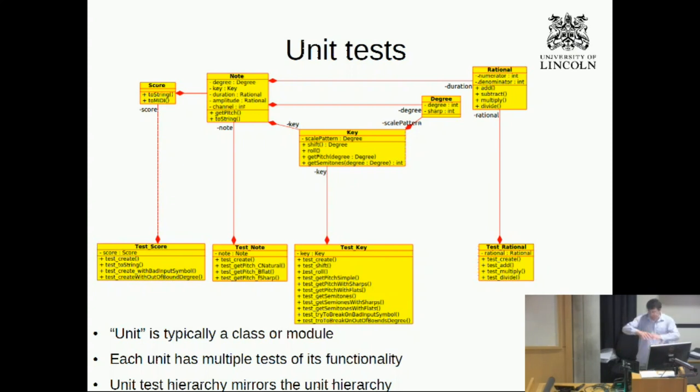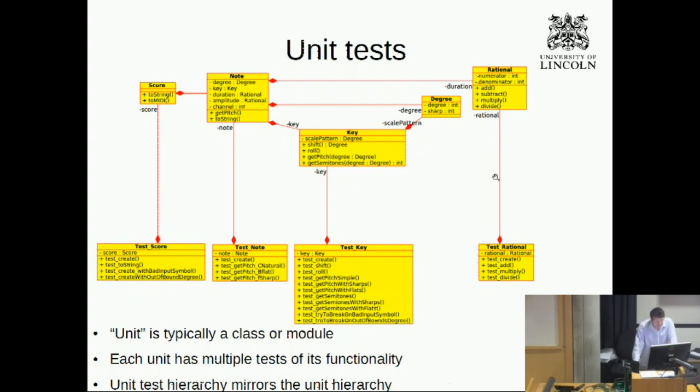A unit just really means any distinct chunk of code, anything that might all come together in a file or in a class or some other kind of sensible grouping, regardless of the style of language you're in. And the idea then is that each of these units that already exist in your code, such as the classes, are each going to get their own test corresponding to them. Okay? And the hierarchy of tests is going to mirror the hierarchy of code.